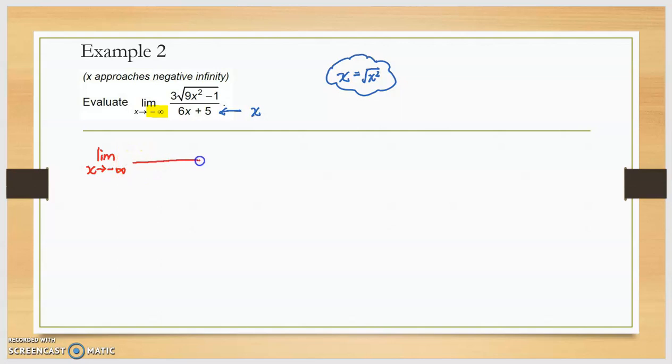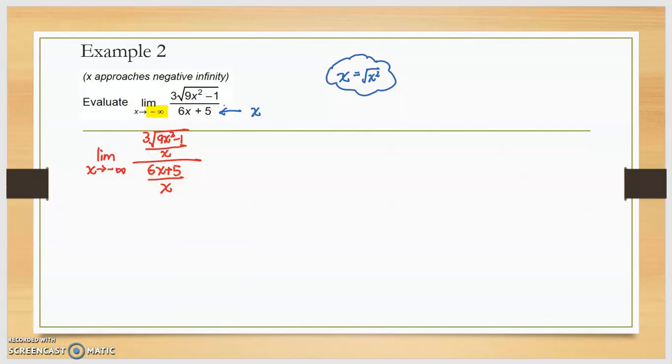Here, 6x plus 5 divided by x, same as the numerator, square root of 3 times the square root of 9x squared minus 1 divided by x, because x is the highest degree in the denominator.